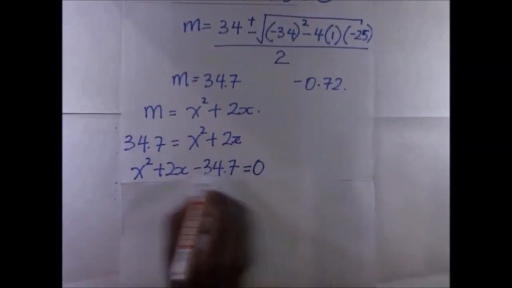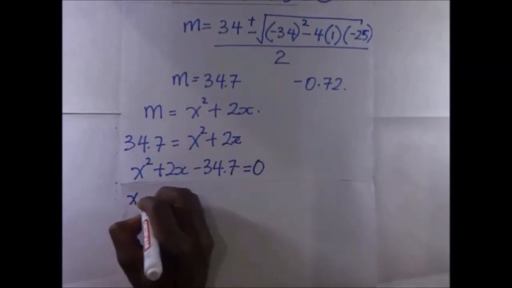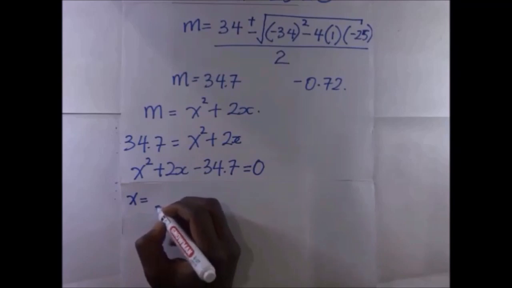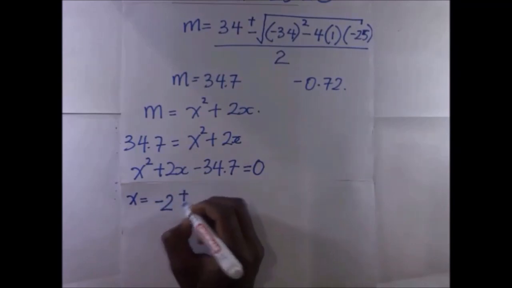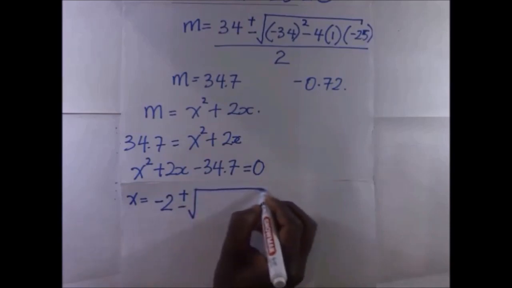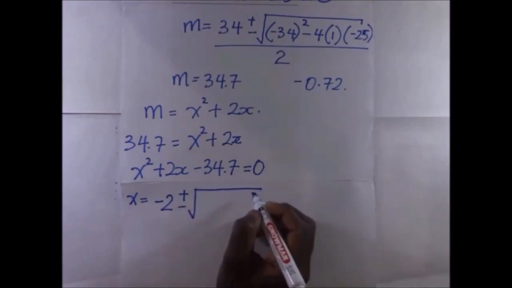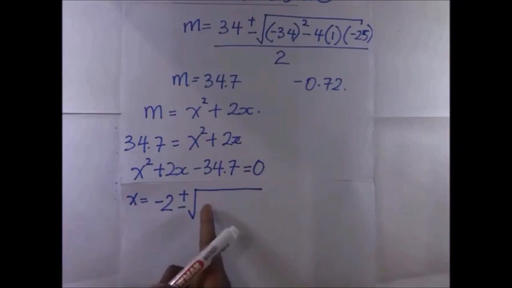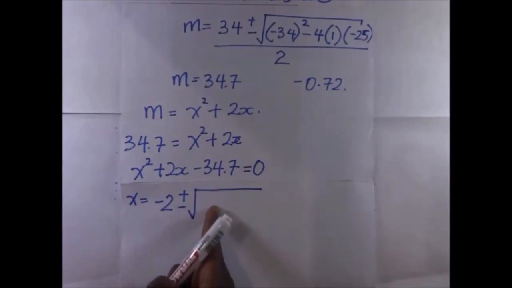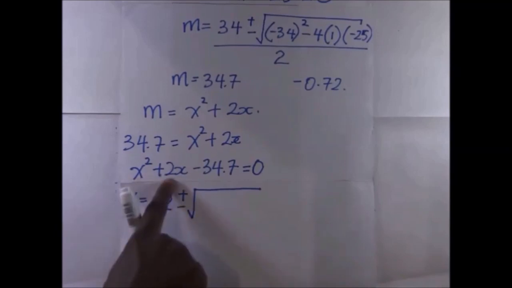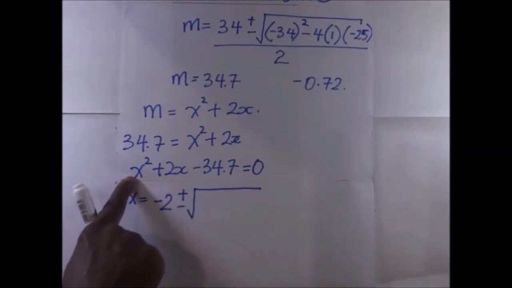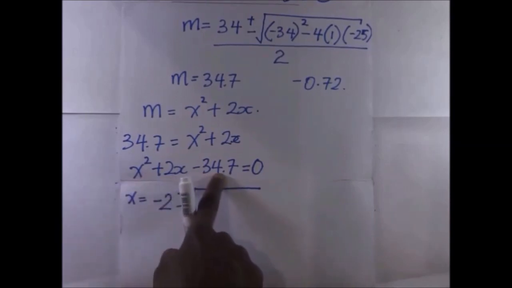So meaning from this quadratic equation, our value of x is going to be minus 2 plus or minus the square root of b squared minus 4ac, because here the term is b squared minus 4ac. b is 2, so it is 2 squared minus 4 times a is 1 times c is negative 34.7.